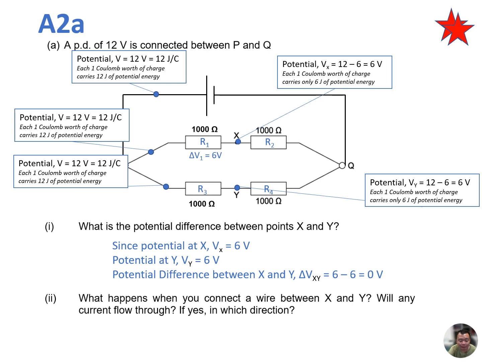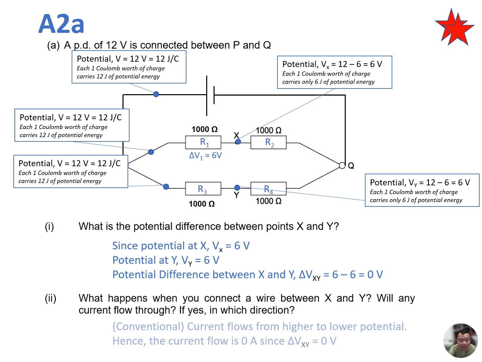Part 2, what happens if you connect a wire across X and Y, will there be current flowing through this new wire? The answer is no, because current flows from a higher potential to a lower potential. In this case, X and Y have the same potential of 6 volts. There is no difference in potential, and therefore no current will flow.